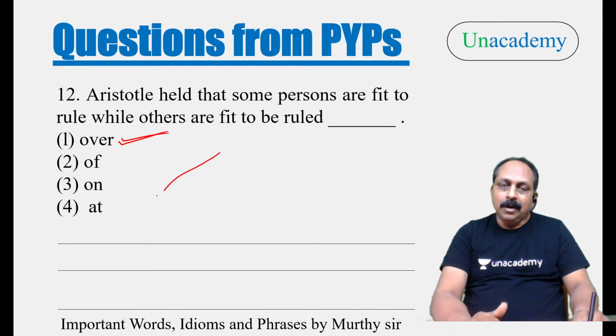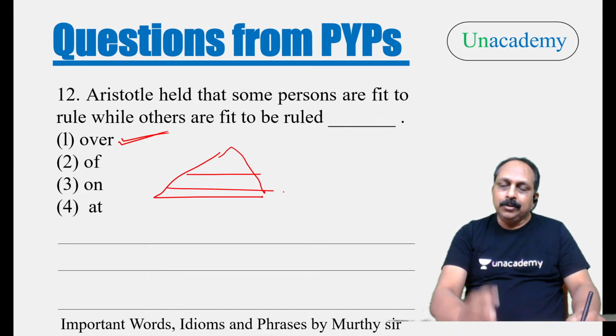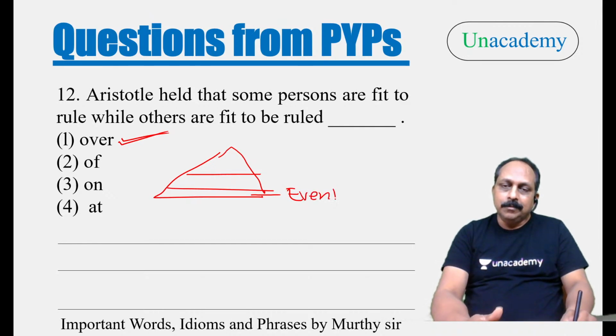You won't believe, Aristotle, that time itself, he classified people into three groups. The bottom rung, common people, they talk about events and persons. That is nothing but gossiping.